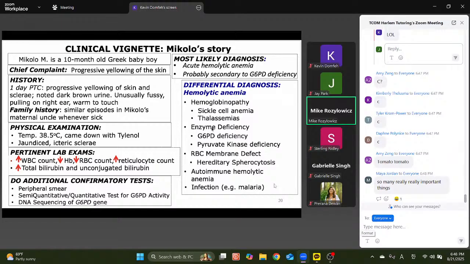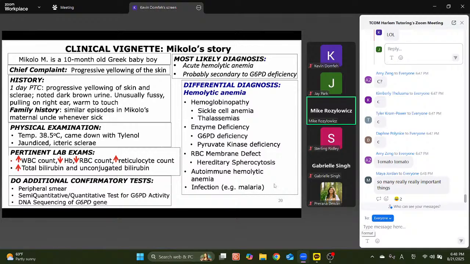The big pathways here that are relevant are bilirubin and hemoglobin heme conjugation. Because this is due to hemolytic anemia, there are a couple of pathway deficiencies like G6PD and pyruvate kinase that lead to bilirubin building up.